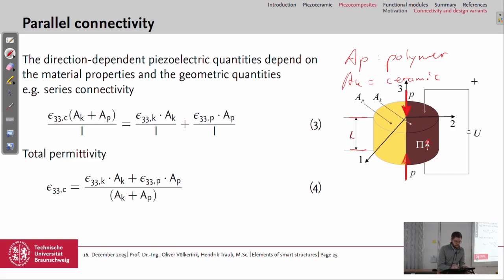And then we have this equation, which is similar to parallel connectivity of springs again. Permittivity of the ceramic times the cross-section of the ceramic plus permittivity of the polymer times cross-section of the polymer. And then again we can transform it to the permittivity of the whole composite and get again an equation for the total permittivity.